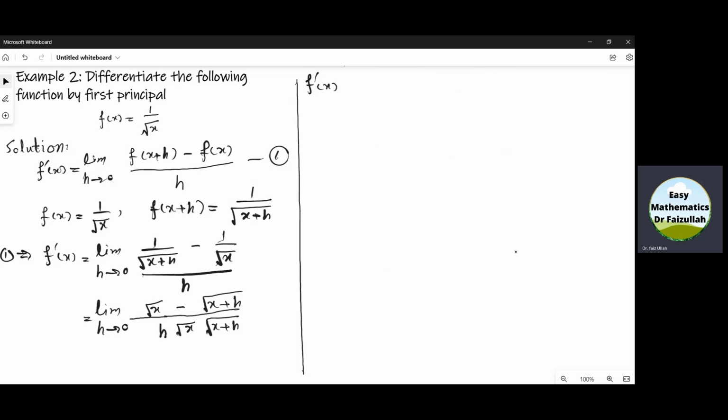So we write f dash of x is equal to limit h approaches 0, under the root x minus under the root x plus h, divided by h under the root x under the root x plus h.